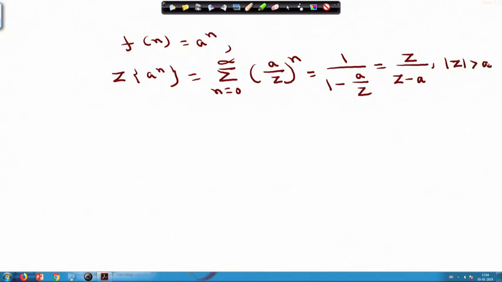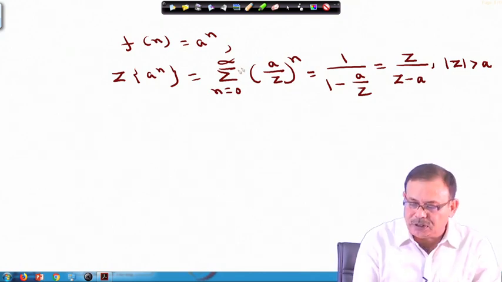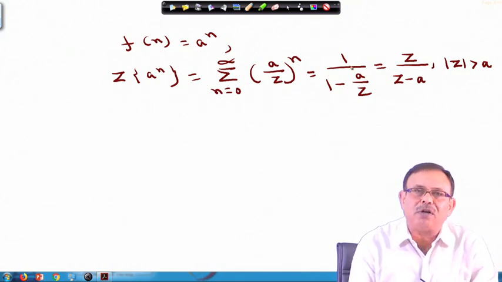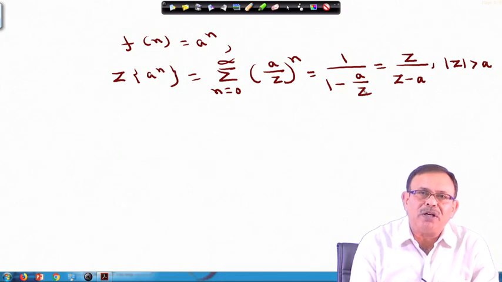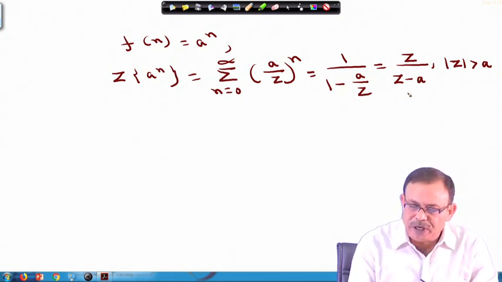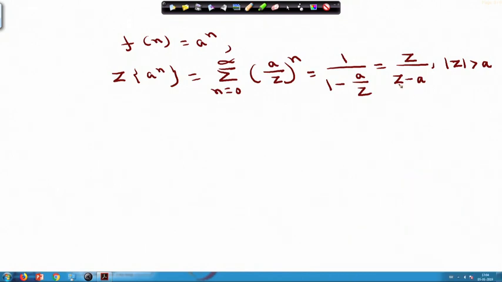So, therefore, the Z transform of a to the power n is this series. This series I can write in the form of 1 by 1 minus a by z, which equals z by z minus a. Whenever I have to find the Z transform of 1, I simply take a equals 1.